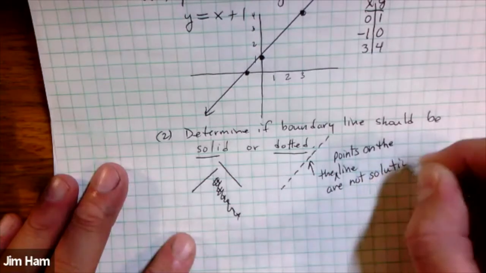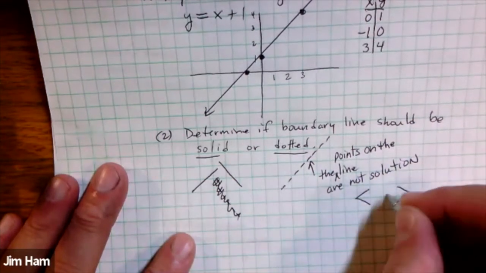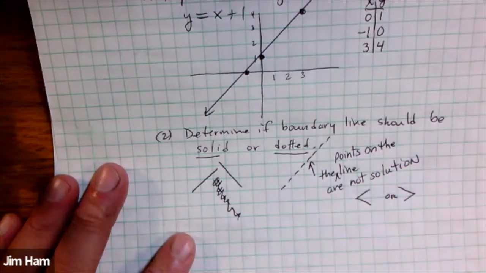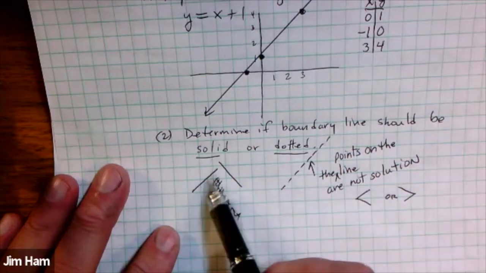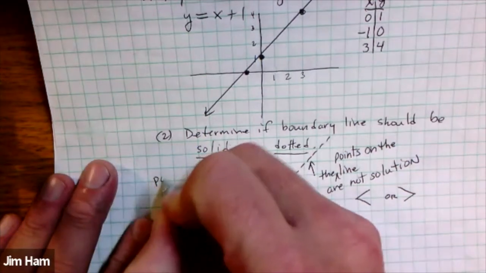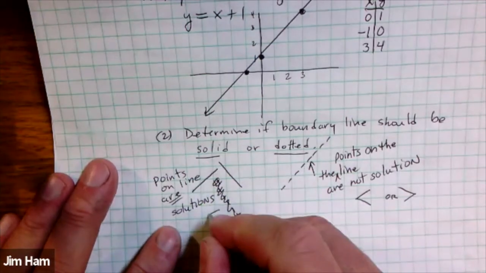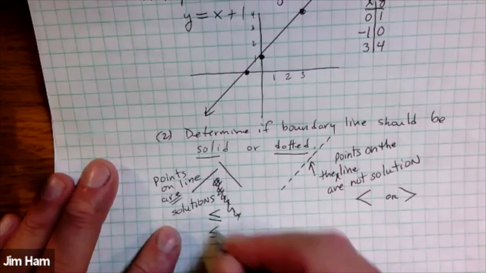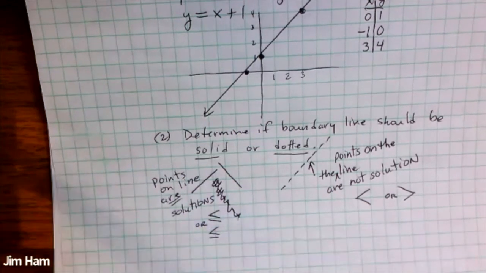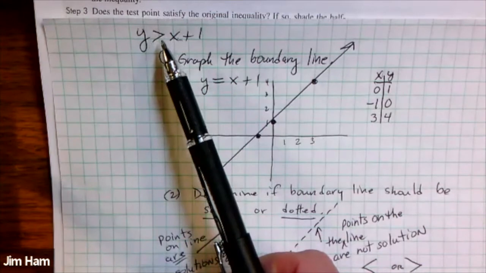And this is the one that you're going to select if you have a strictly less than or a strictly greater than sign. The solid line would mean that the points on the line are solutions. And you will have a solid line when you have a less than or equal to sign or a greater than or equal to sign.